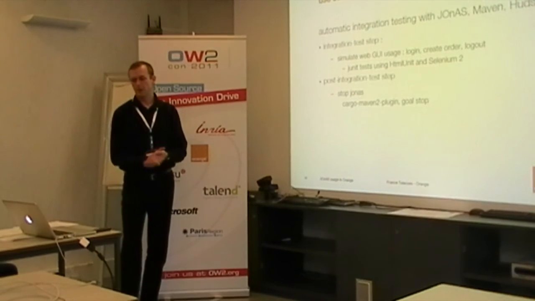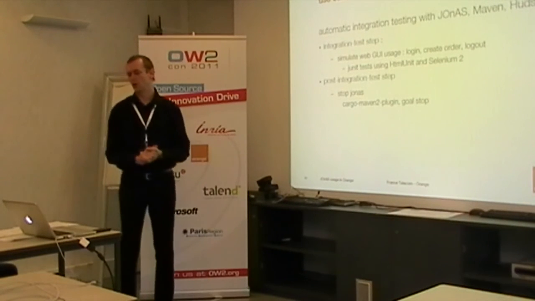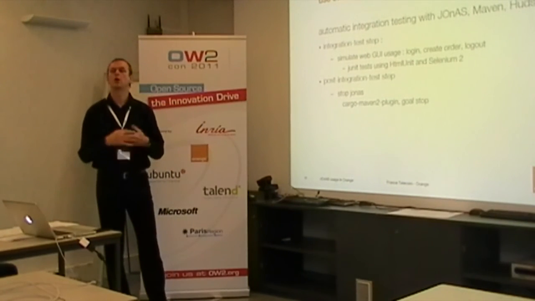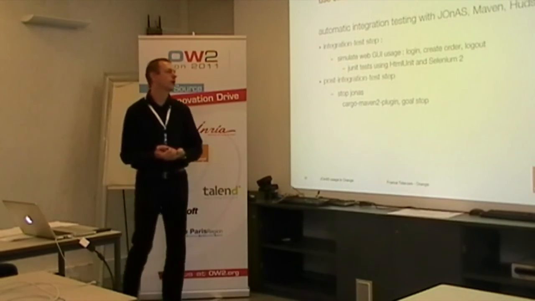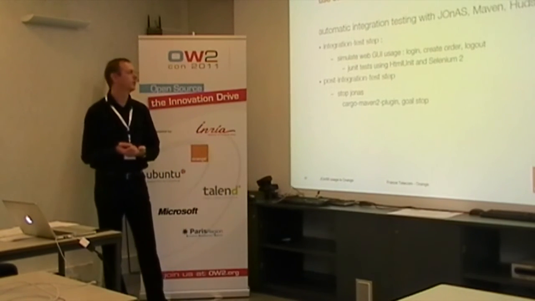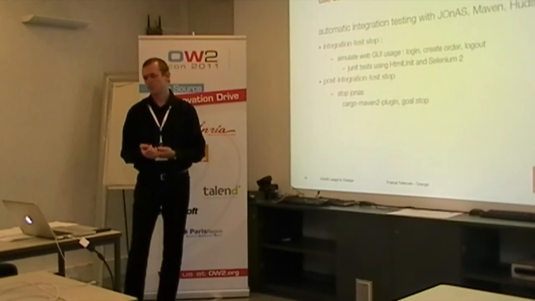In the next step, the integration step, we simulate user interface usage. For example, we log in to the application, we create an order, and we log out using JUnit tests based on HTMLUnit and Selenium 2.